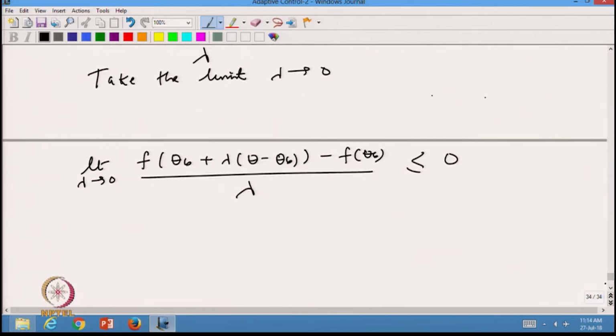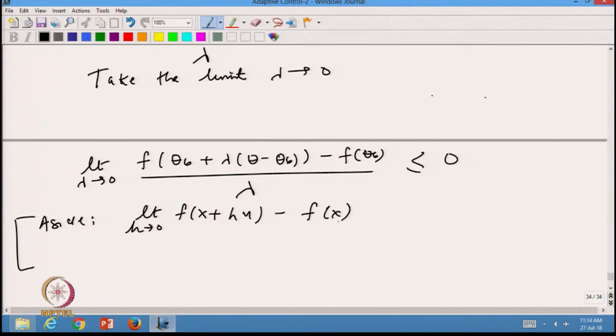So what does this remind us of? As an aside, this is very similar to the limit as h tends to 0 of f of x plus h u minus f of x, over h. This is the definition of the directional derivative, which is the gradient of f dotted with u.